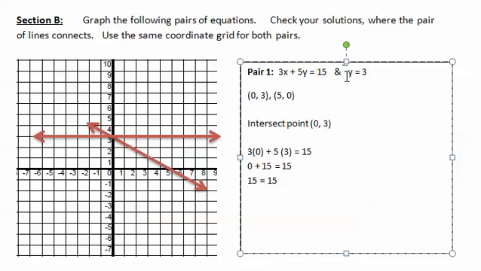Now in our second equation, y equals 3, you're going to see that in our intercept point, y is already 3. And so we know that that is a solution. It does work.